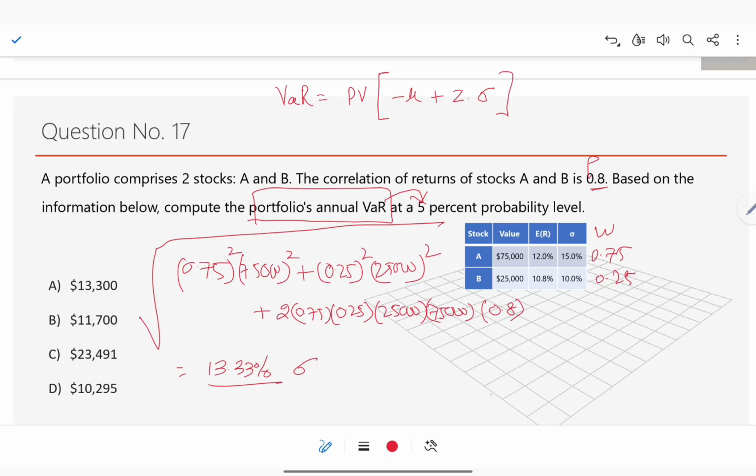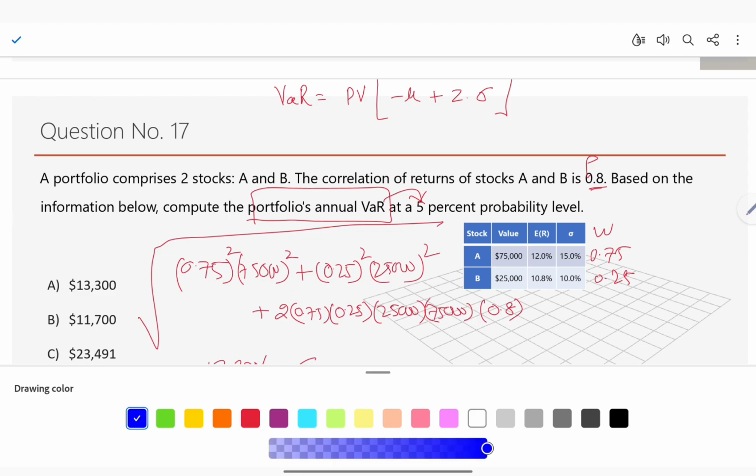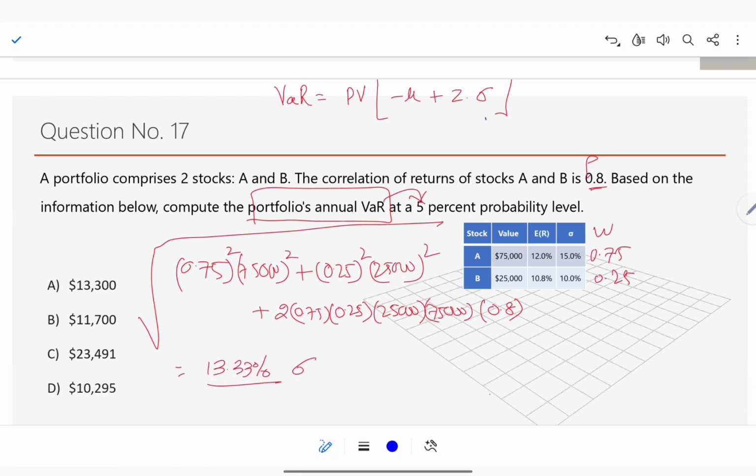Okay, I don't have the option of cutting this part, no problem. This I'll put here, 0.1333. Z value, it is 95%, so it will be 1.645.